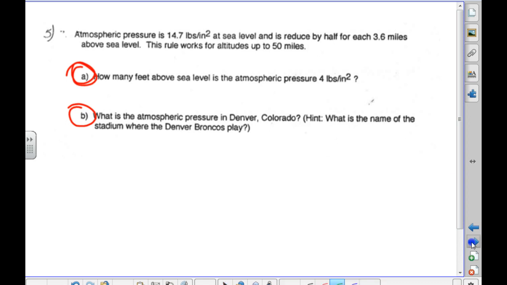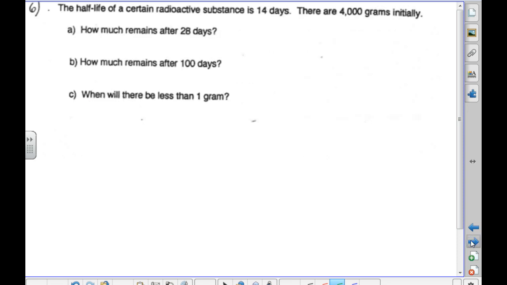Okay, no, that's not the one I wanted to do. Did I already set this one up for you guys? This is not a half-life. Number 6. I want to go to the next one, now that I erased it all. Okay, half-life, sorry.